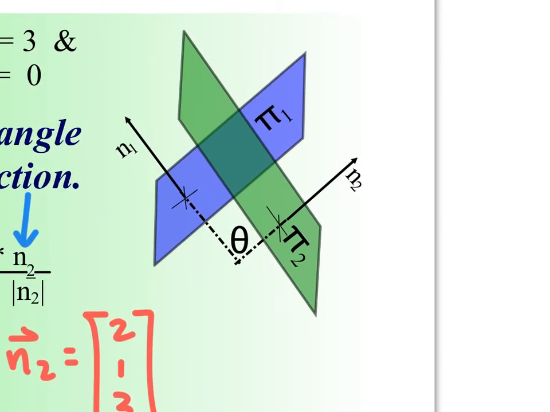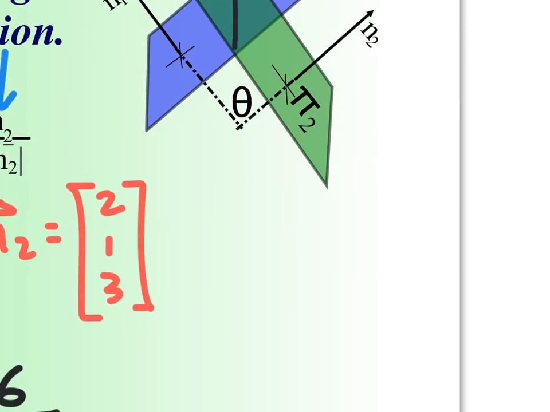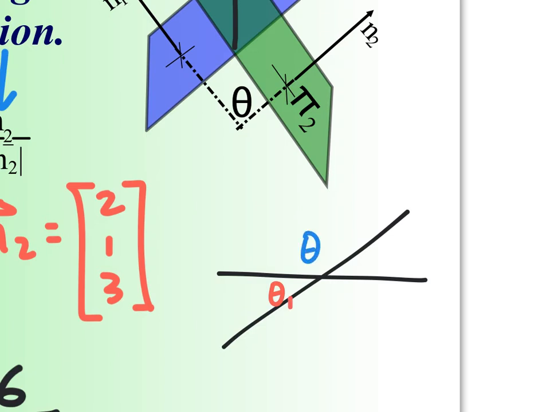But based on the orientation of your normal vectors, what's going to happen is you're either going to get an obtuse or an acute angle. So if I were to look at these planes from the side, if this were theta, that's going to be an acute angle. If you get a second theta, which is obtuse, these two angles are going to add to 180, which means they're supplementary.